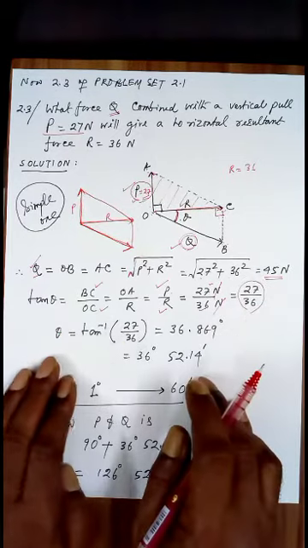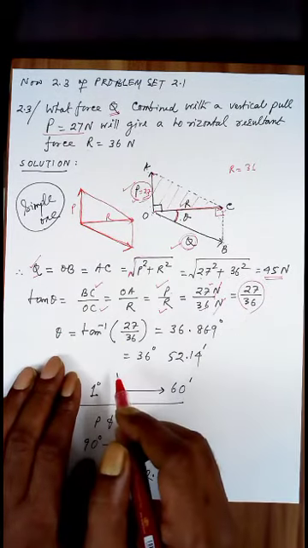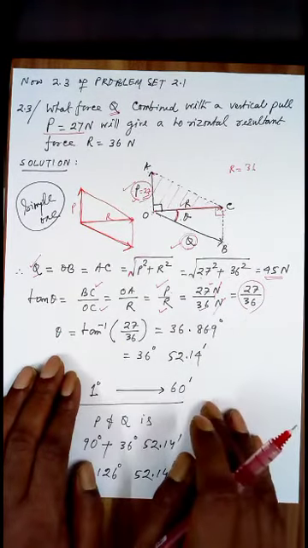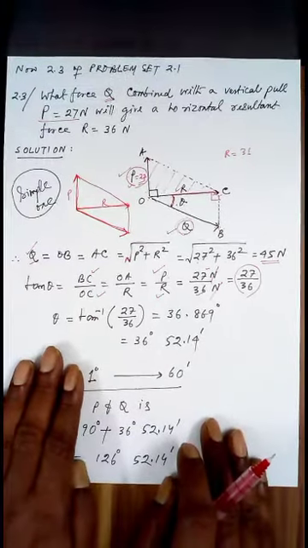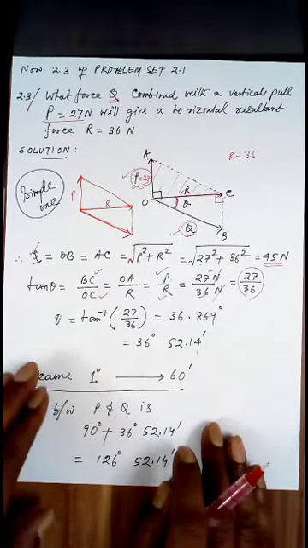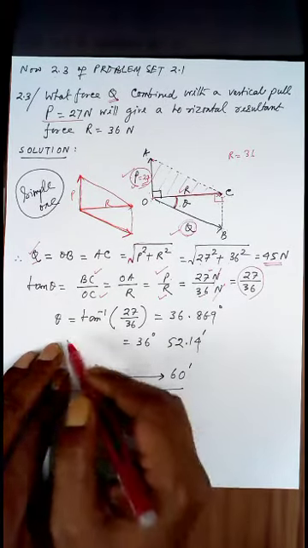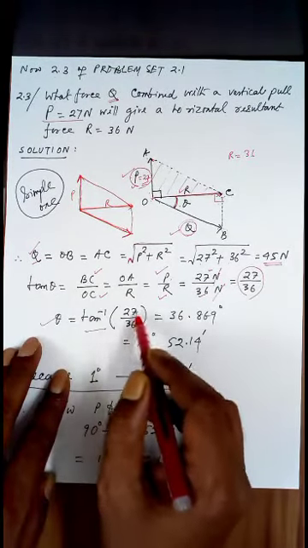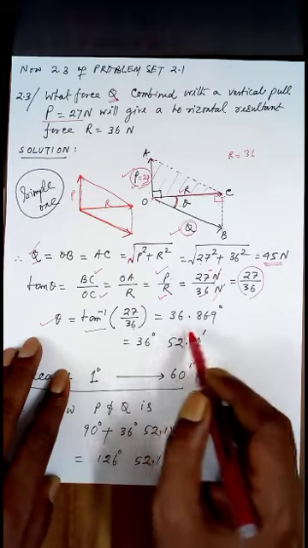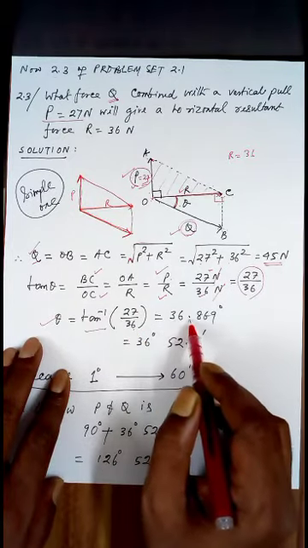Use a scientific calculator, download, no need to buy a calculator from the market. There are lots of good scientific calculator apps in the Play Store. You download, and it is very simple. So theta is equal to tan inverse of 27 by 36. That comes out to be 36.869 degree.